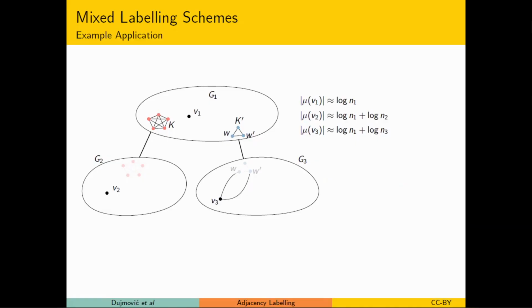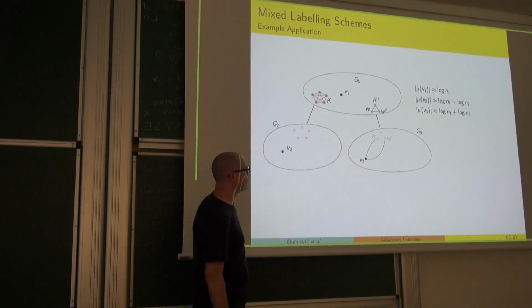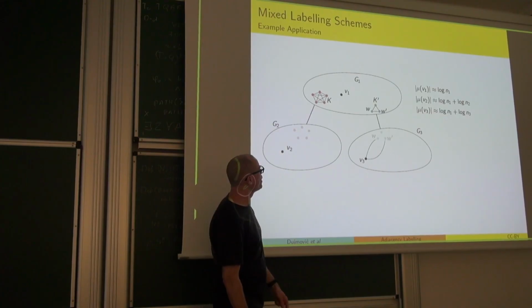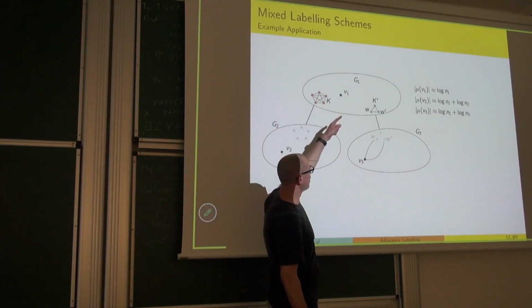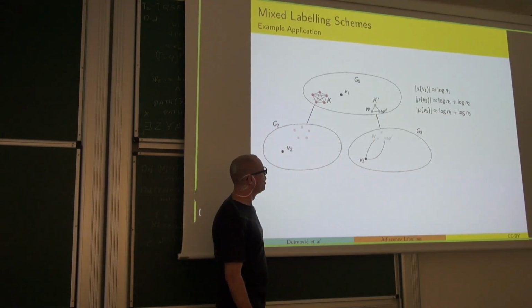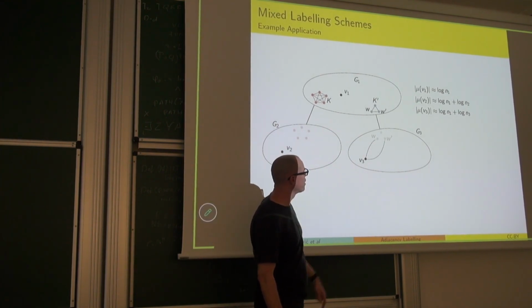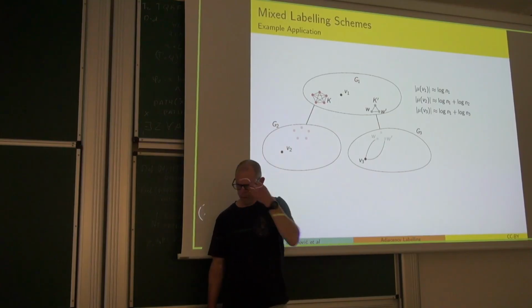But the labels here, for example, what was the label for V2? It was the label of this clique and the label of V2 down below. That's sort of two parts. And if I don't do anything special, that would mean something like log of n1 plus log of n2. And same thing over here, log of n1 plus log of n3 for vertices down here.